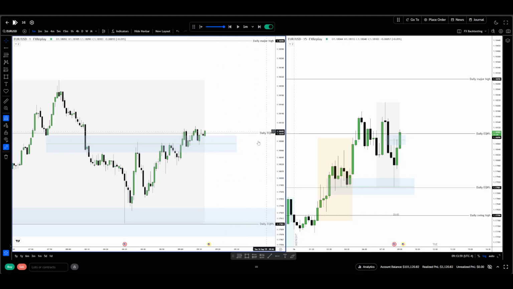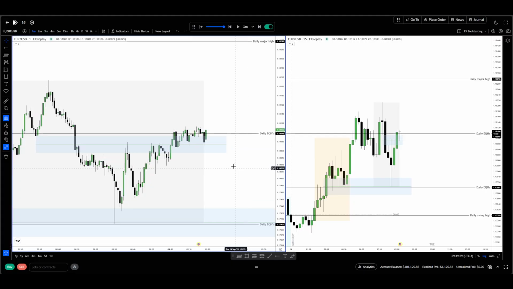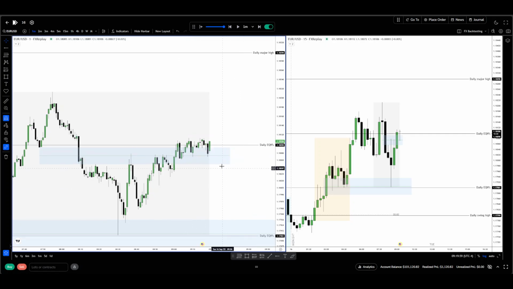So now this equal highs is acting as support. The roles are reversed. First it acted as resistance, the mid-level. With speed we traded above it, and now it's acting as support. So now we might expect one move lower to take out the sell side and then move higher again.